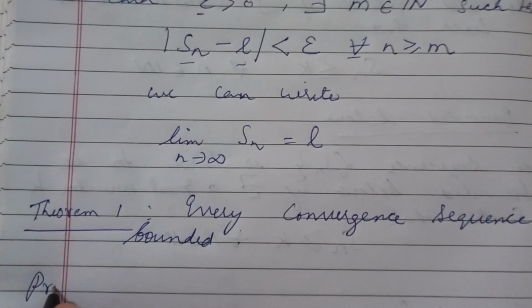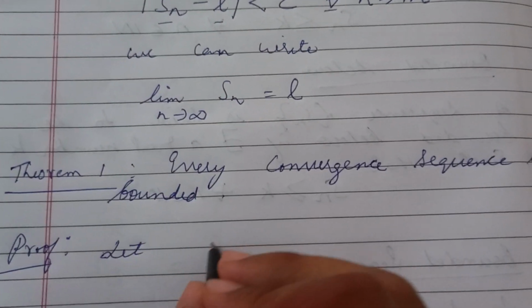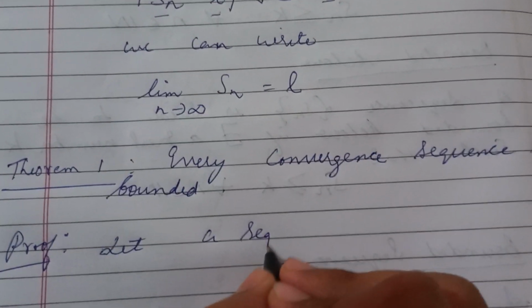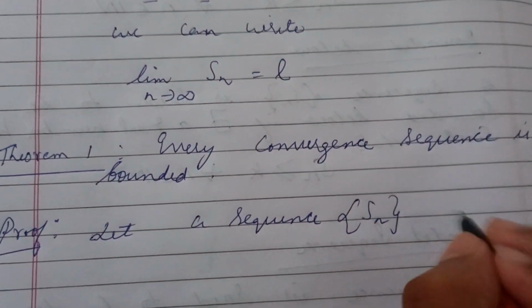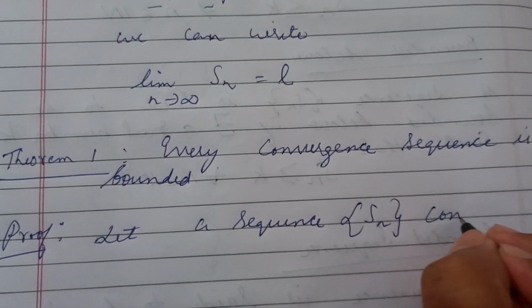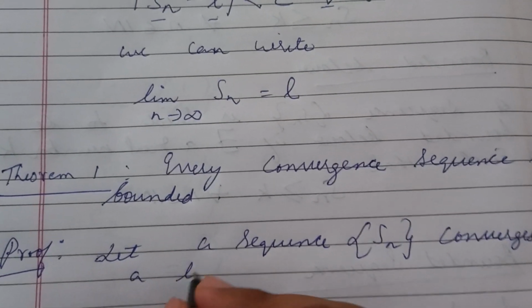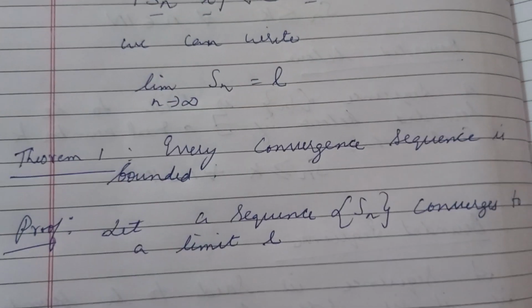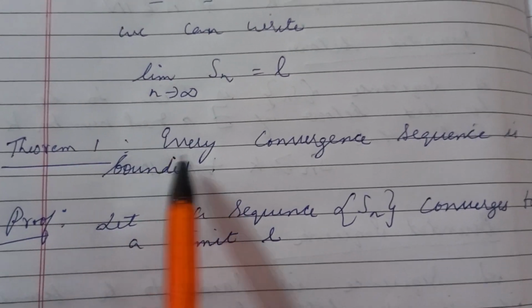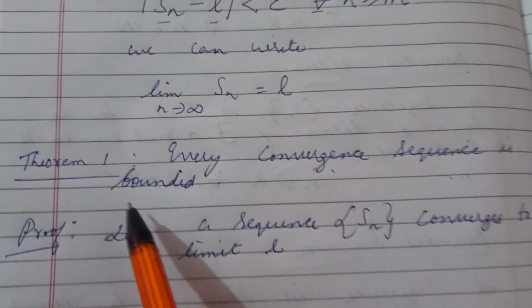In order to prove this, we will be considering a sequence Sn that converges to a limit L. So why have we considered this? We have been given that every convergent sequence is bounded. So first we'll consider a convergent sequence, then we'll prove it to be bounded.